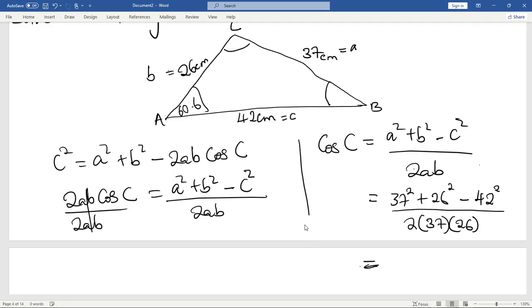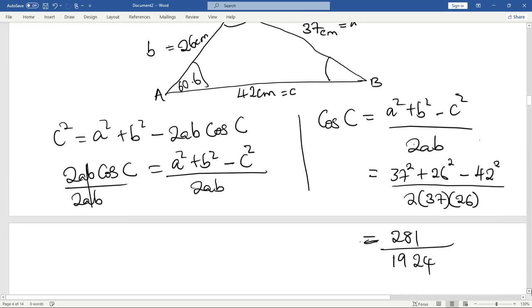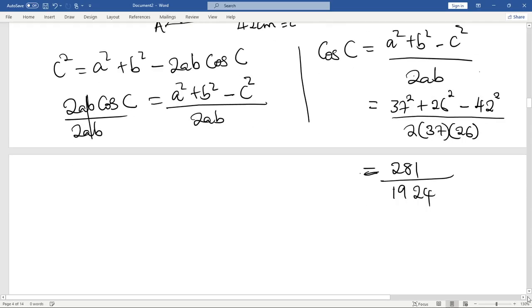So we're getting 281 divided by, so when we punch these values below here, we have 2 multiplied by 37, sorry, multiplied by 26. So we get 1924 here. Then we divide the two numbers.